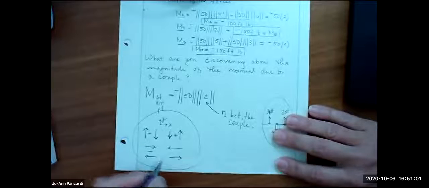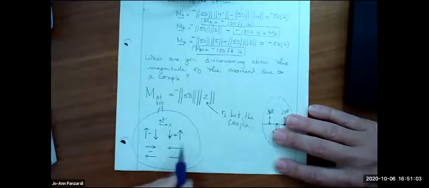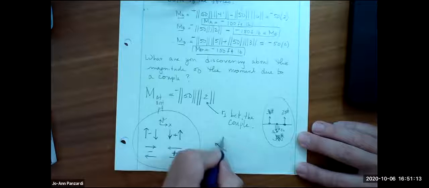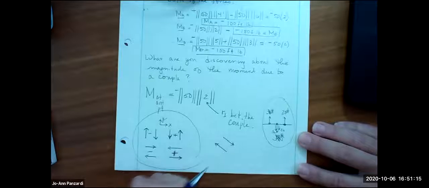And this one's positive. Right. So does everybody see how this is the case? Let me give you some other examples. Positive or negative? Negative. Great.